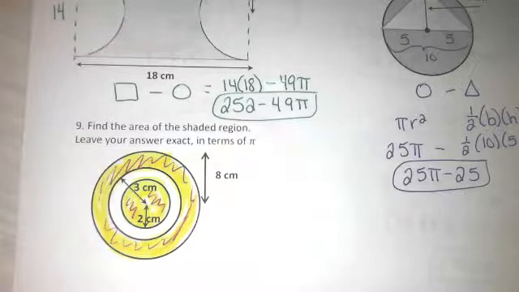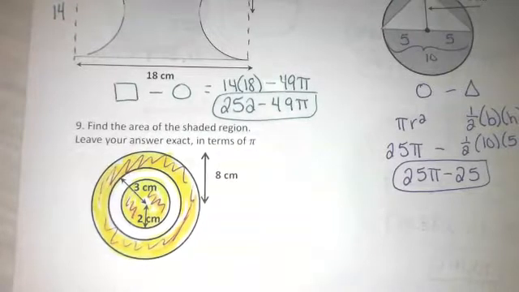In terms of pi, I think that's what it is. Route 9. Obviously, it's root 17. 12 times 12.